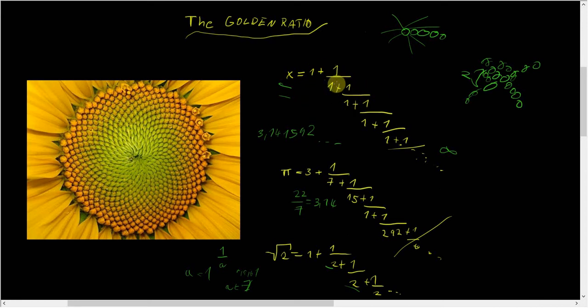It's exactly the same statement over and over again. So we could say that all of this is equal to x. So x equals 1 plus 1 over x.